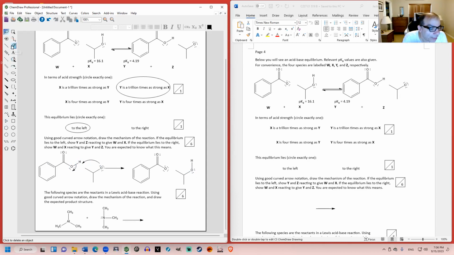Next, we have a Lewis acid-base reaction. The arrow will still begin at the base. So we start it at the Lewis base, which is the electron-rich species, and we draw it toward the electron-poor aluminum atom.